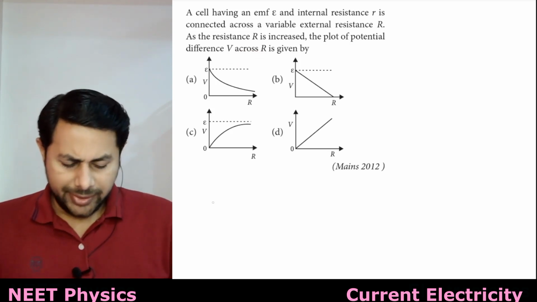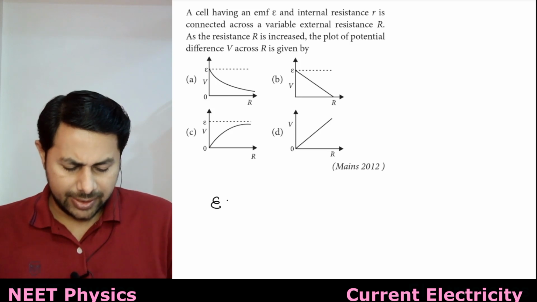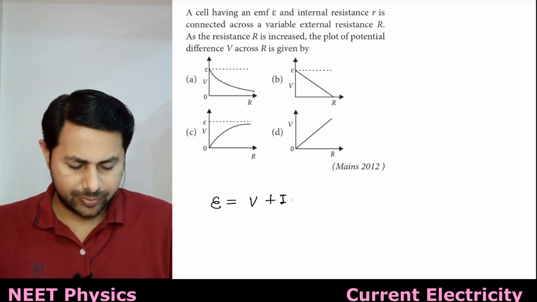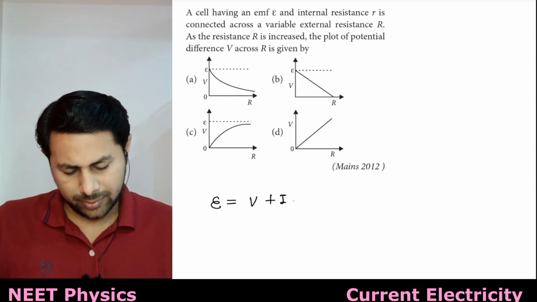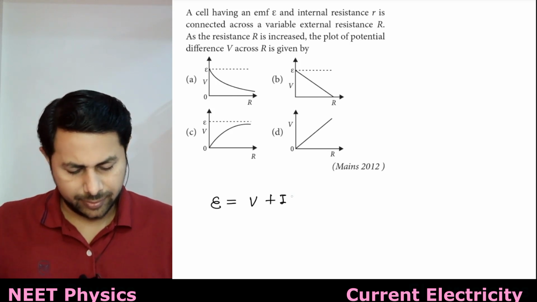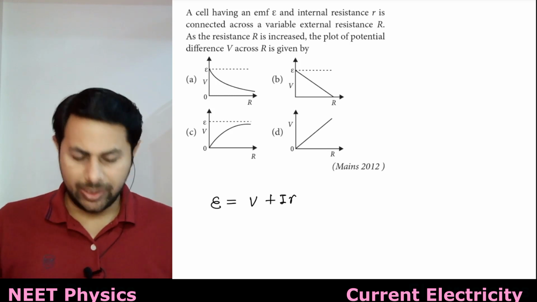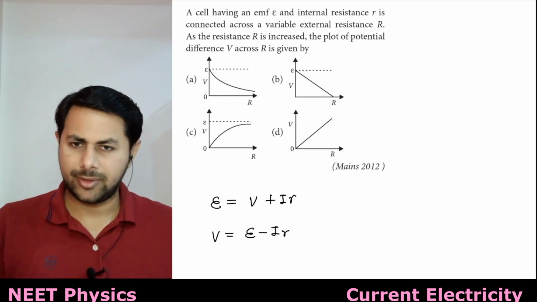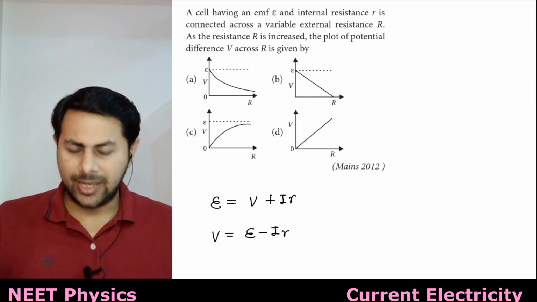Okay, so we know this. See, E is equal to V plus I into R, right? We want V, no? So V is equal to E minus IR. Then what is I?